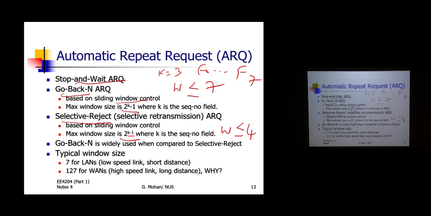The typical window size depends on several factors: what is the distance or the length of the link, and what is the capacity of the link.